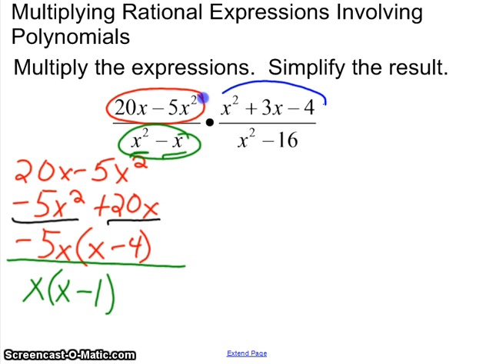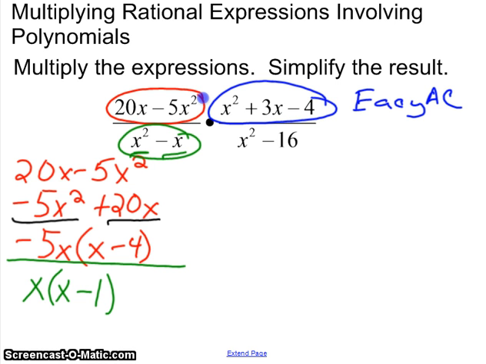On the top right, another polynomial. This one does not have a GCF. It has 3 terms and the leading coefficient is 1. So I'm going to use EZAC.